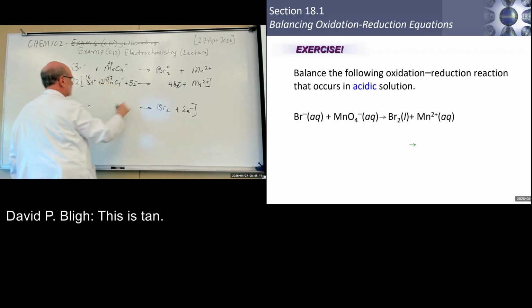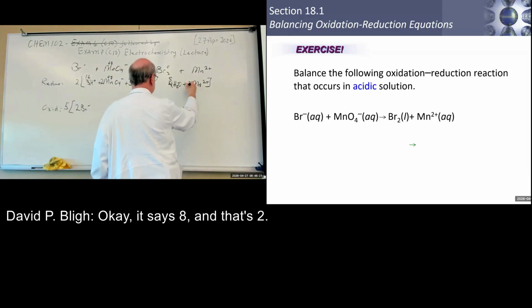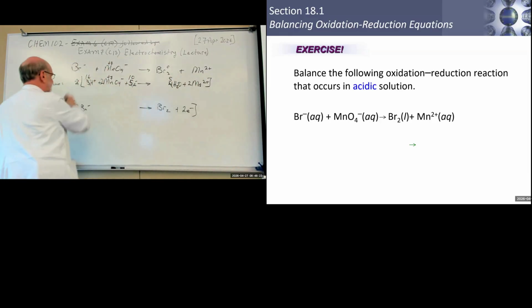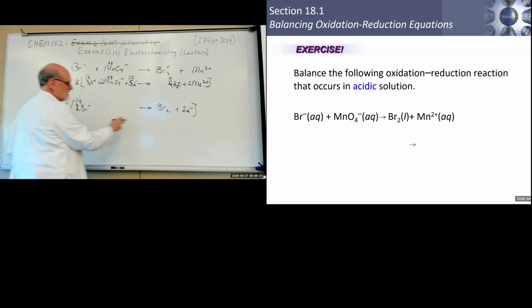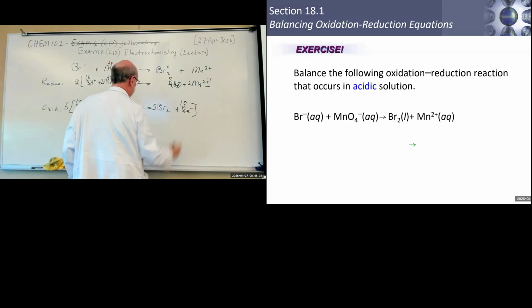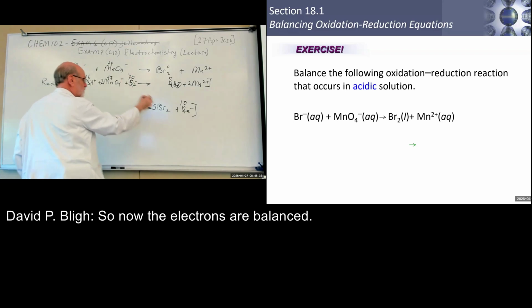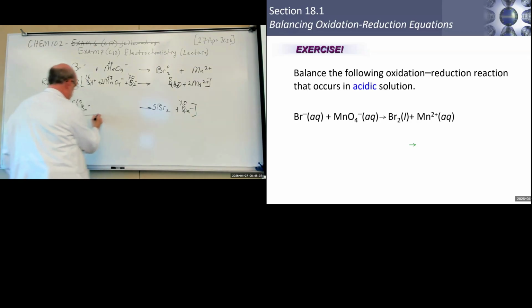This is 2. This is 10. This is 8, and that's 2. 5 times this one is 10. So now the electrons are balanced, and we can add everything together.